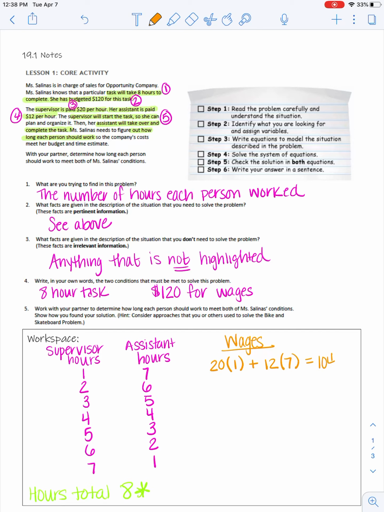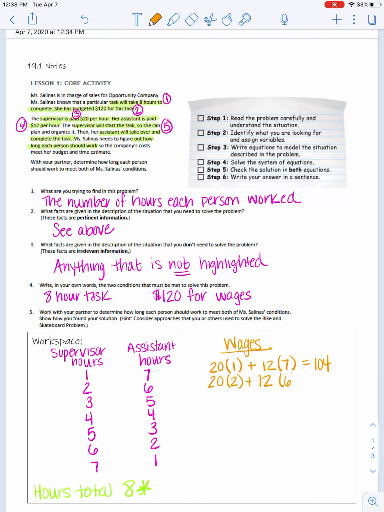So calculating that, I get $104. And I'm just gonna go through these combinations until I hit the one that equals $120, because that's what I'm looking for. So 20 times 2 plus 12 times 6, and that gives me $112.